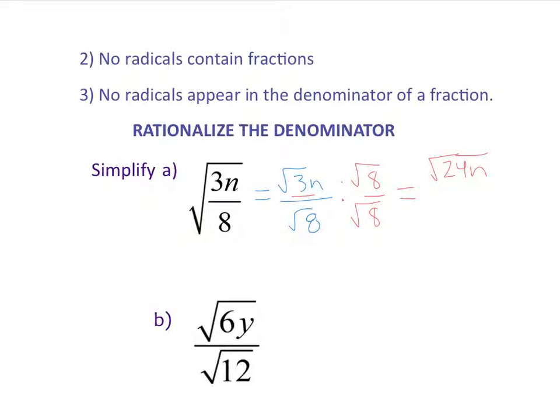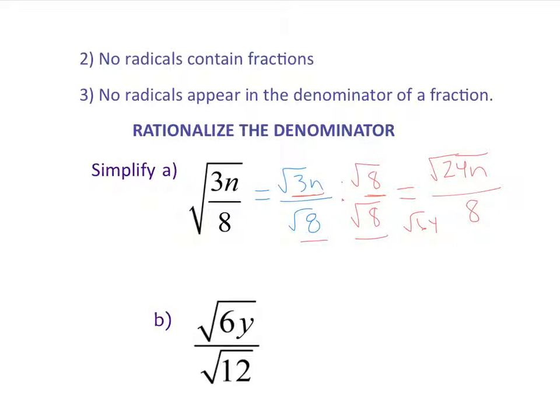I just multiply whatever is underneath the radical with whatever else is underneath the radical. So here it was 3n and 8. And then the square root of 8 times the square root of 8 is the square root of 64, which is really just 8. So that's how I got rid of the radical in my denominator.